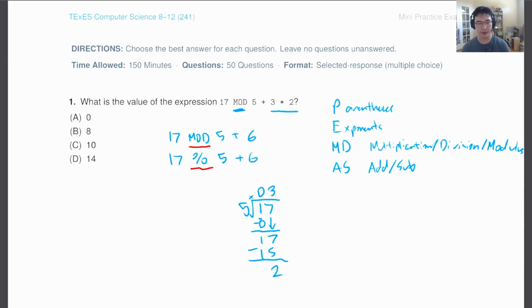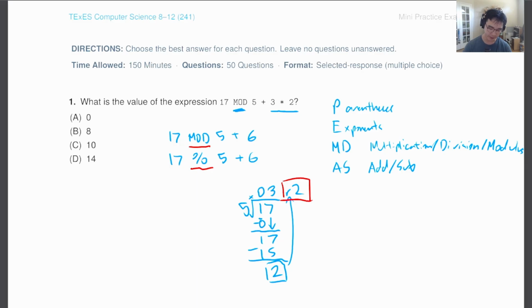When you get to this point, you just say, this is the remainder, right? So then you bring it up, and you say remainder 2. So 17 divided by 5 back in elementary school was 3 remainder 2. And when you see that mod, you want to think of this remainder, okay?